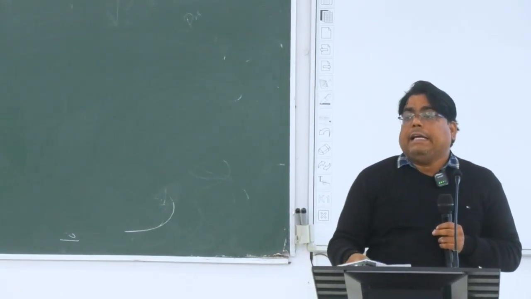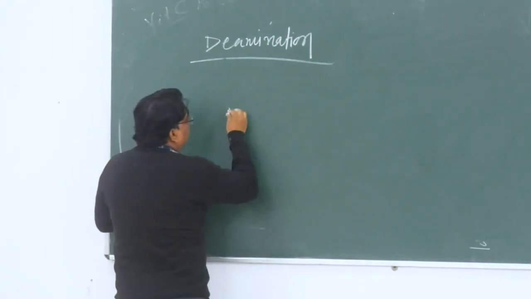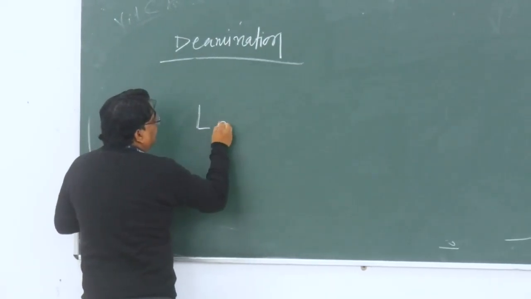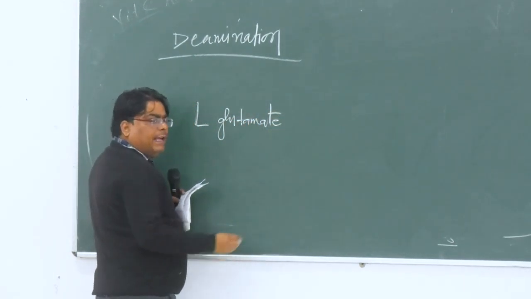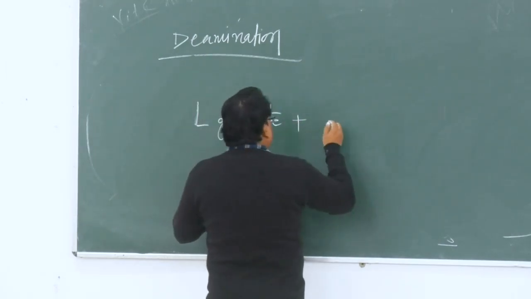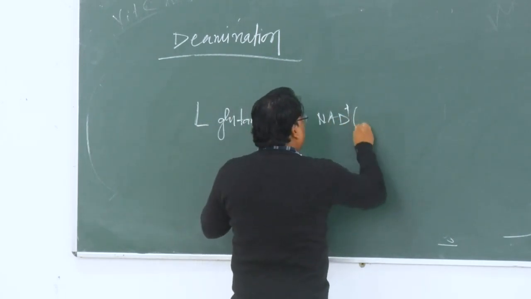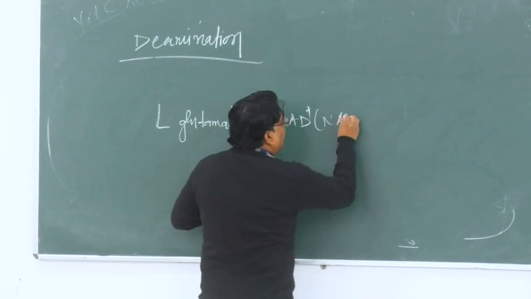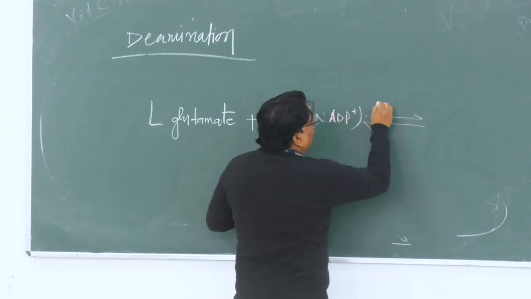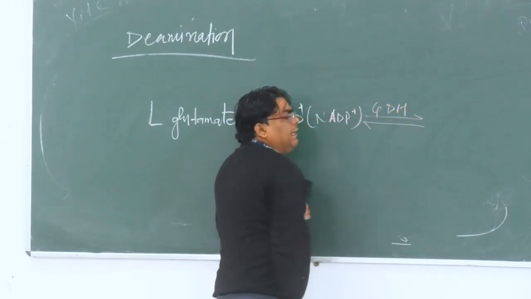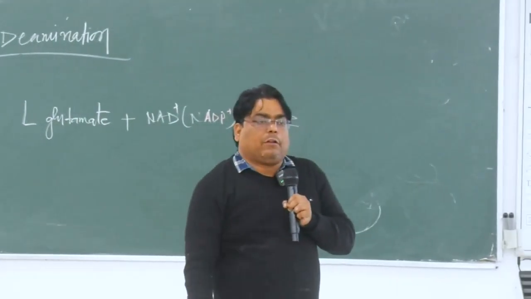That is the example of oxidative deamination, with NADP. Glutamate dehydrogenase is an enzyme which is metallo-dependent, a metalloenzyme.